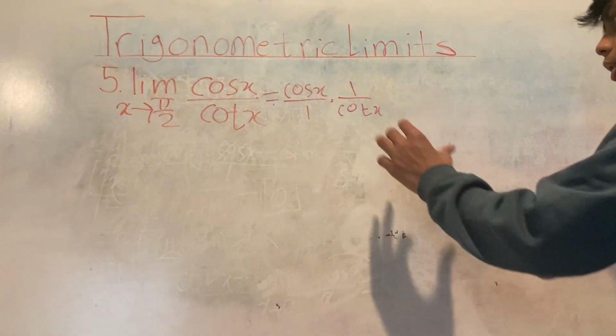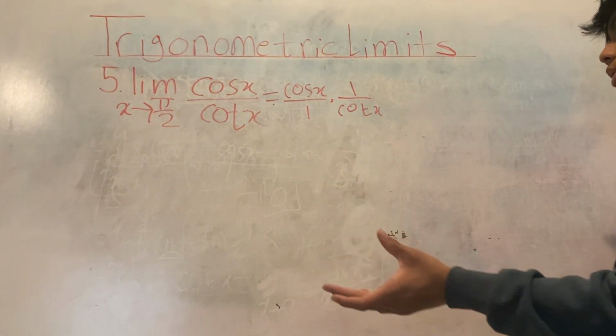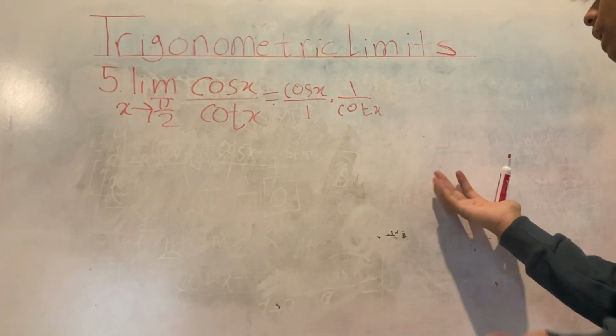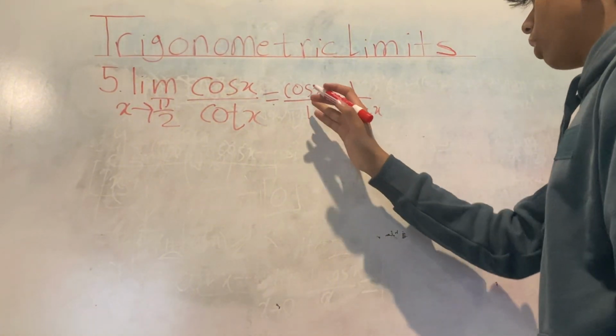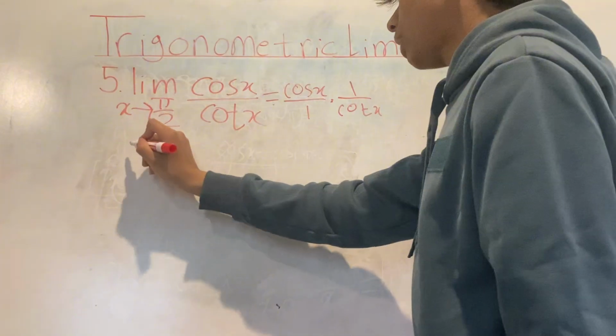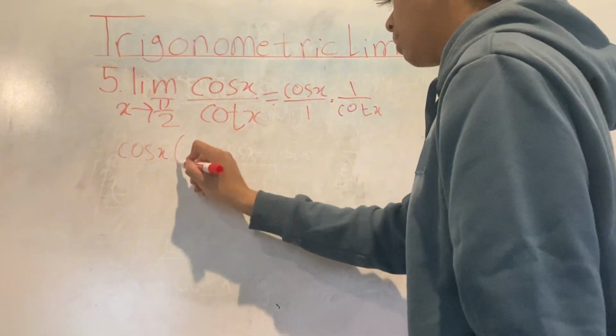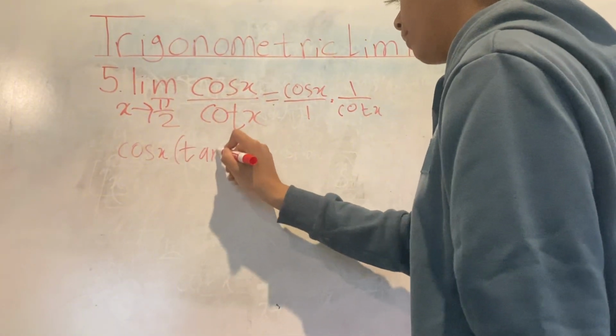And we know cotangent x is the reciprocal of tangent x. So if we take the reciprocal of it again, we're just going to get tangent x again. So this is just cosine x times tan x.